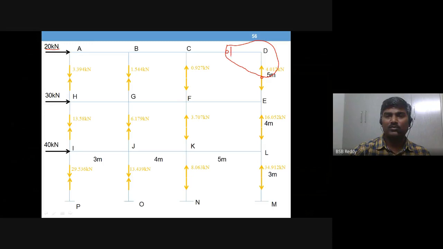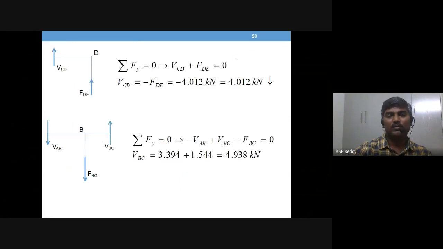Either you may assume this as upward or downward, but by looking at this arrow here, to balance this upward arrow, I cannot have upward, I should have a downward arrow. Anyhow, whatever direction you assume, it will automatically correct itself when you see it here. I have taken default upward direction.